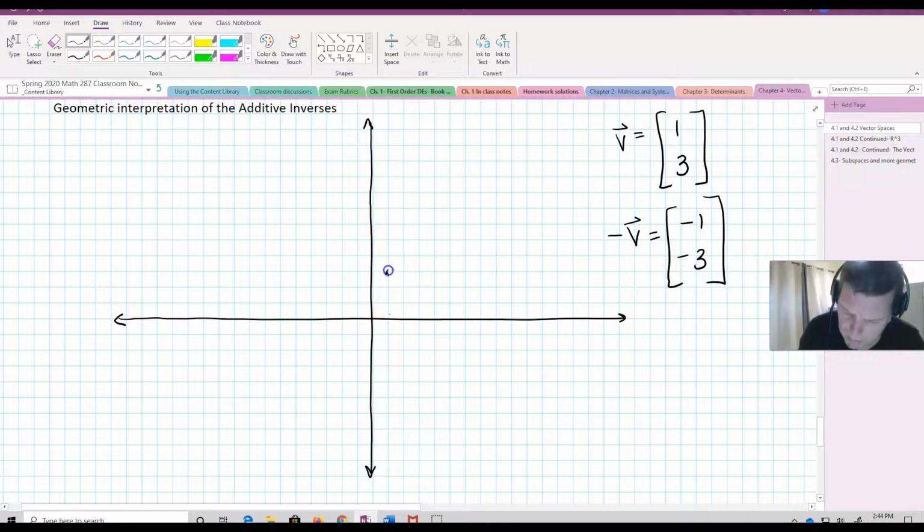V, which is (1, 3), is going to be right here. Here's V, and then negative V is going to go down negative 1, negative 3.